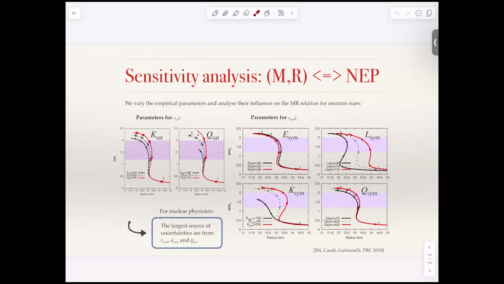And if it is the case, then you could safely go from this point to this point. But I'm not sure that data in finite nuclei could tell you anything about twice saturation density. So your extrapolation depends on the model.